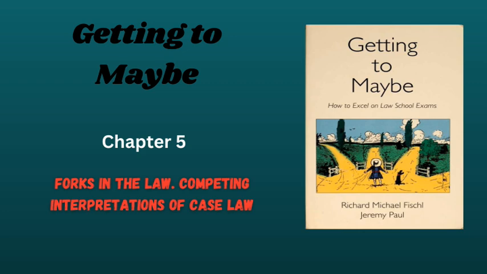A broader holding focuses somewhat less on the facts of the precedent case and more on its rationale. We impose disclosure liability on sellers not because they are sellers, but because they have a financial interest in the transaction, and it's not fair to permit persons with such an interest to benefit from hiding material information from other parties. This broader holding might lead to liability for the visiting scholar because of his obvious interest in the transaction.